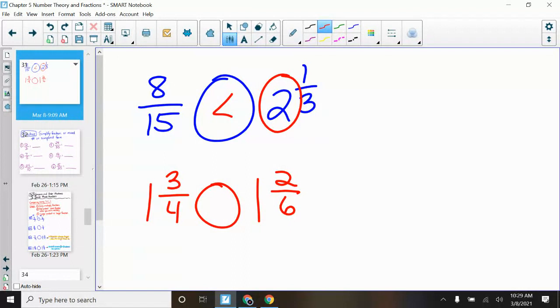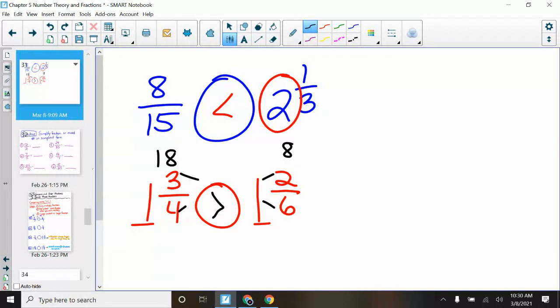Well, now what am I going to do, Brady? You would just cross multiply. They have the same whole number, so we can't use that as an easy answer. So now we have to go back to what we do with our proper fractions. Cross multiply. 3 times 6 is 18. 4 times 2 is 8. So is 18 or 8 larger? 18. So 1 3/4 is the larger mixed number.